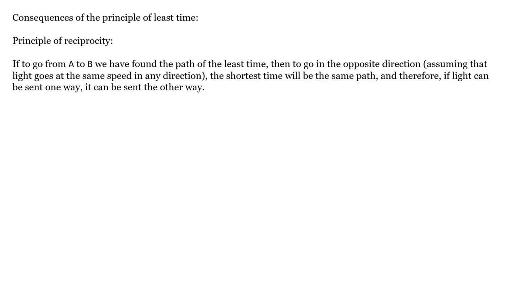Another thing about the principle of least time is the principle of reciprocity. The principle of reciprocity means that if I go from A to B, if I have a light source at A and a detector at B, then the shortest distance is a straight line.